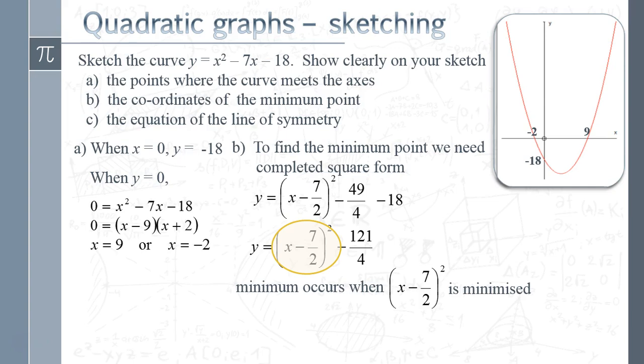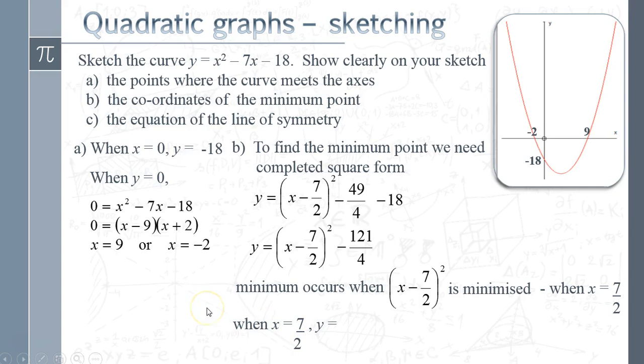So we've got to pick a value of x that makes that bracket 0, and clearly the value of x we're going to choose is positive 7 over 2. If x is 7 over 2, I've got 7 over 2 minus 7 over 2, that's 0, and 0 squared is 0. What that leaves us with, the y coordinate, is 0 minus 121 over 4.